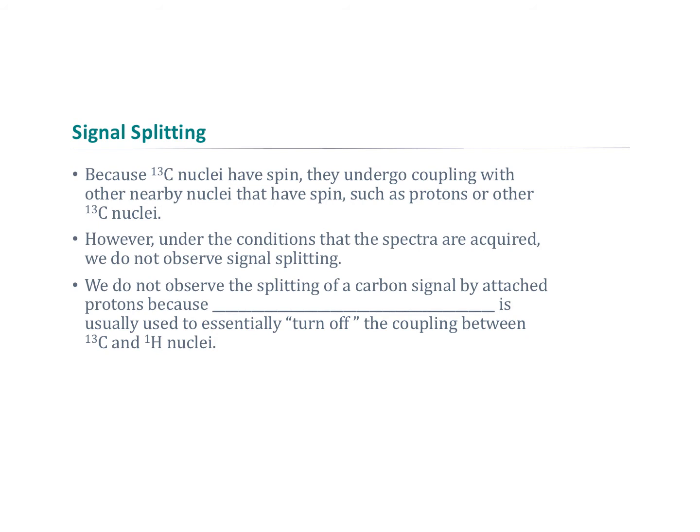The reason for this is that there's some broadband decoupling, which is essentially used to turn off the coupling between the carbon-13 and the other nuclei. So in your packet, you are not going to see any sort of coupling. Everything with carbon spectra is going to be a singlet.